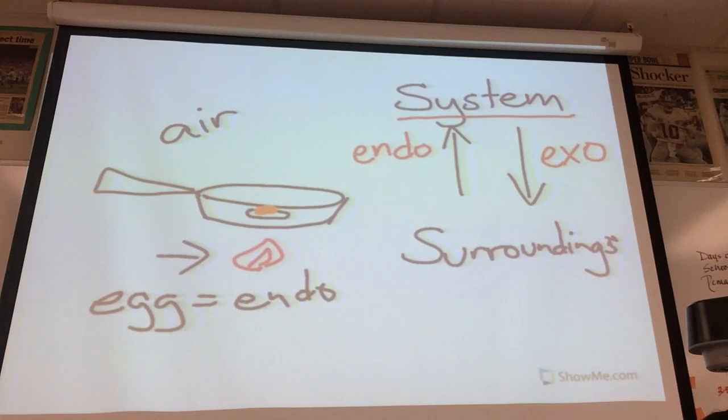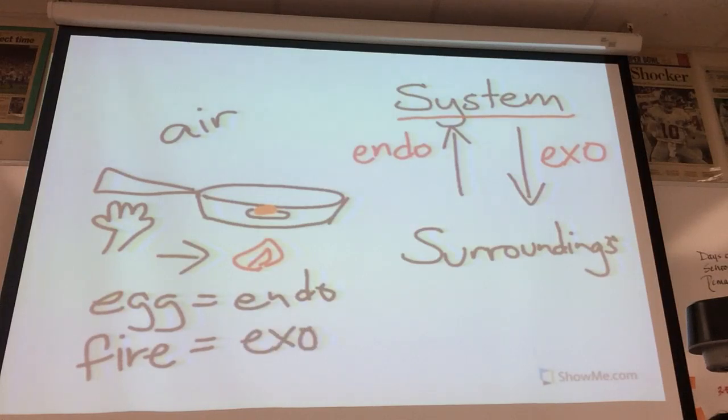And if the fire is the system, then everything else would be surroundings because it's donating energy into the air, into the pan, into the egg, into the handle of the pan, into a hand that grabs the handle, and obviously it loses energy to all those different components. So again, if a fire is the system, then this is an exothermic reaction. And that's it. I'll see you in the next lecture.